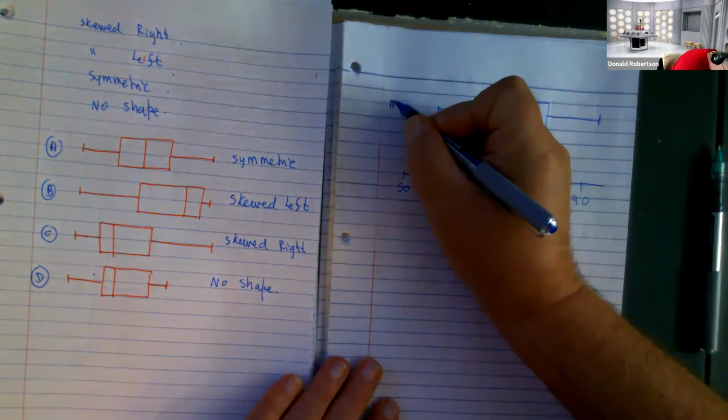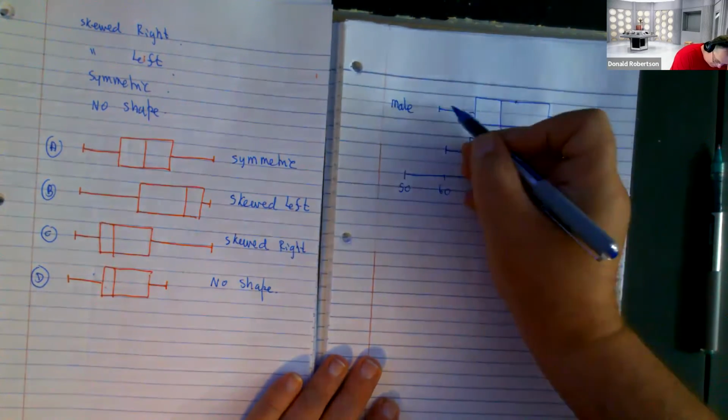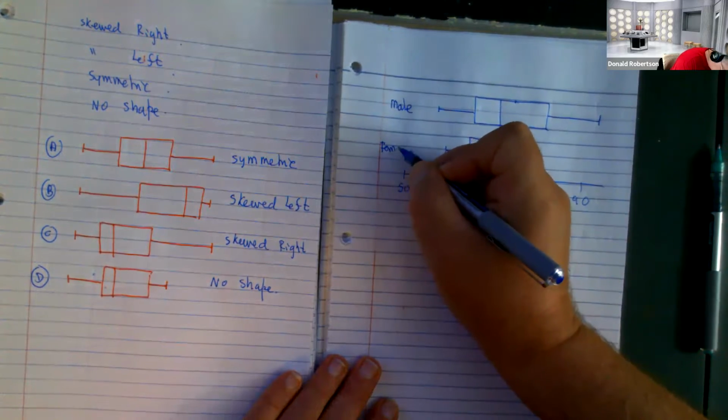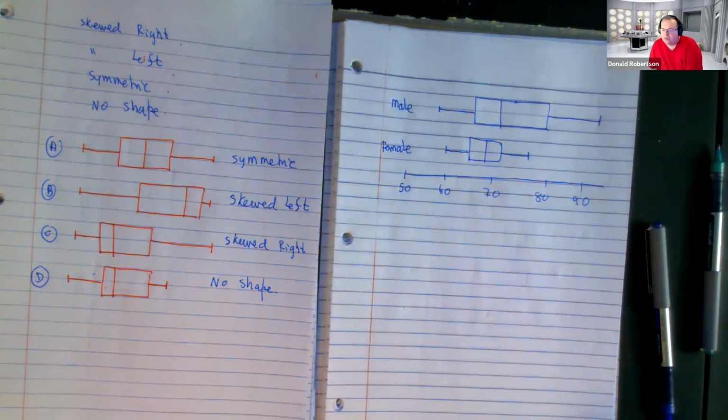And that's the data for the males who took part in the survey. And this is the data for the females. And so we can use box plots to do compare and contrast questions, right?